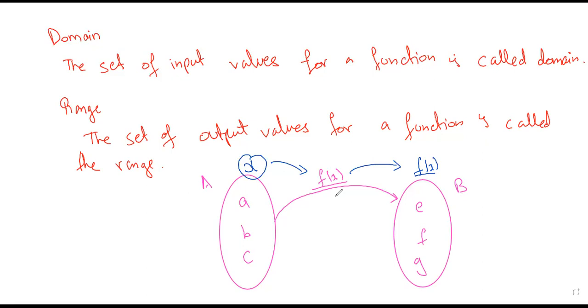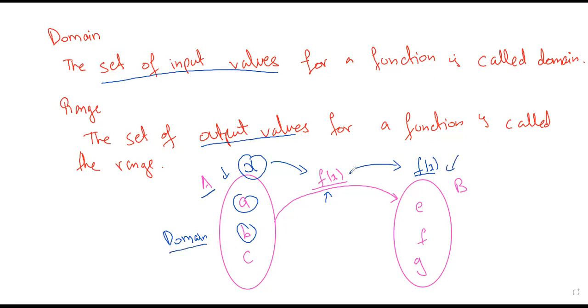What you need to understand is that this set is called the domain. Why? The set of input values for a function is called domain. We input these values in this function, and after inputting the values of x, the values of domain, we get this set.